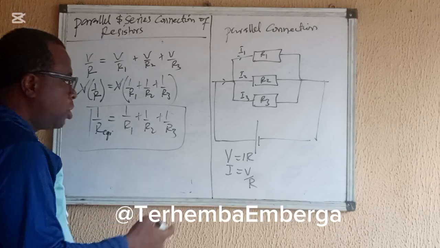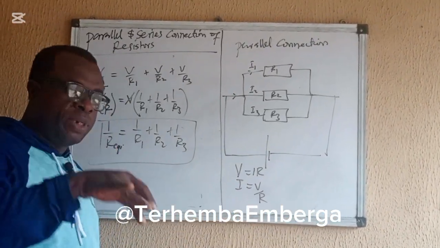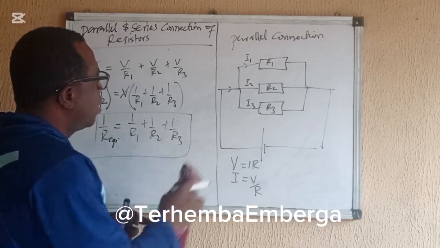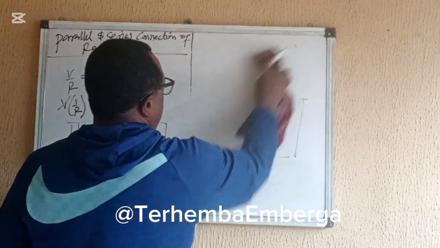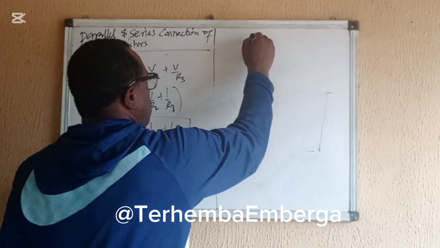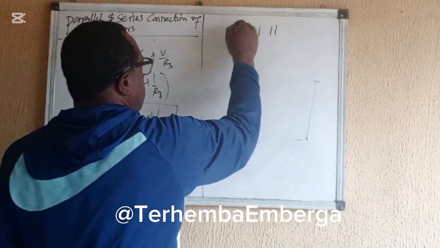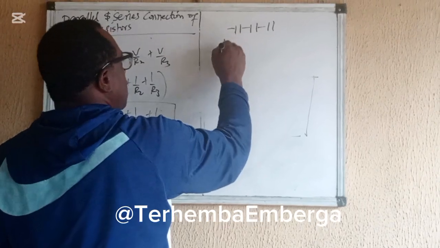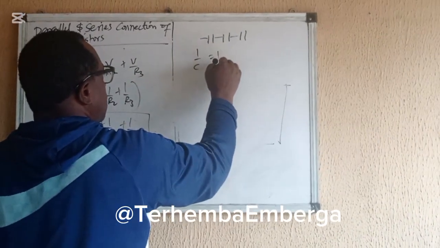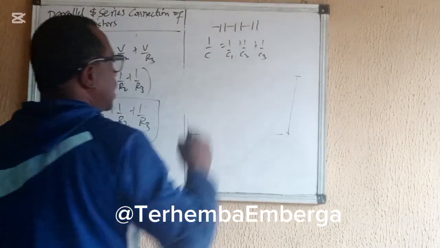So don't always confuse capacitors and resistors. Let me refresh your memory. For the case of capacitors connected in series, we have done this before. The formula is 1 over C equal to 1 over C1 plus 1 over C2 plus 1 all over C3.